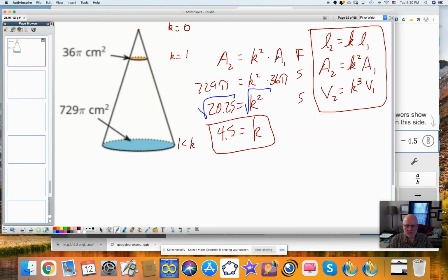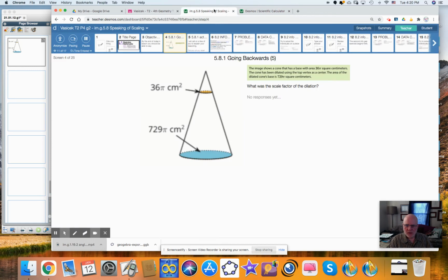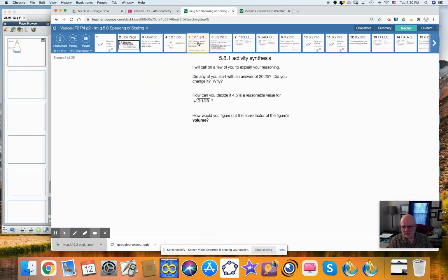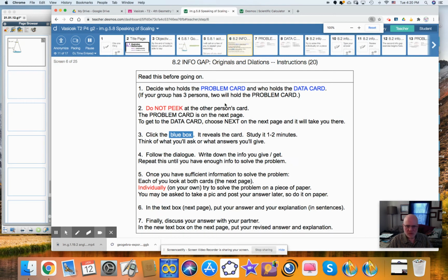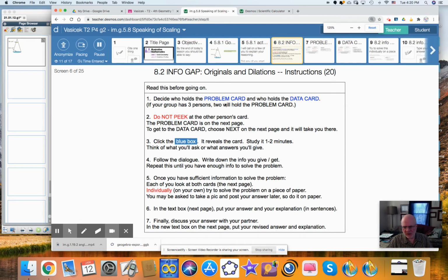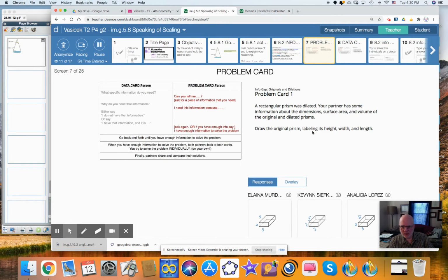So going on with our lesson, today we did an info gap. First of all, you have a problem card and you have a data card. And we did the first one as a class where the students had the problem. They had to come up with the right questions.